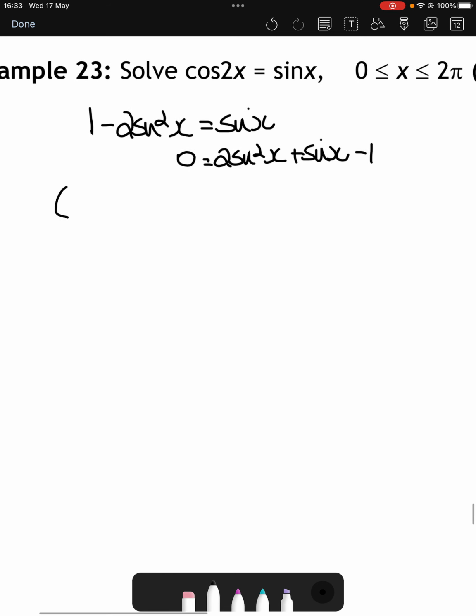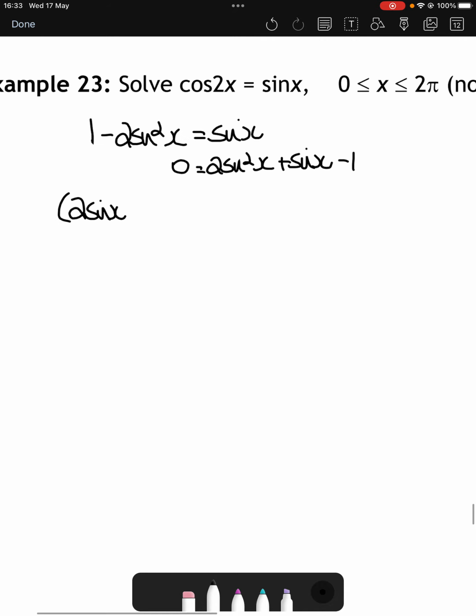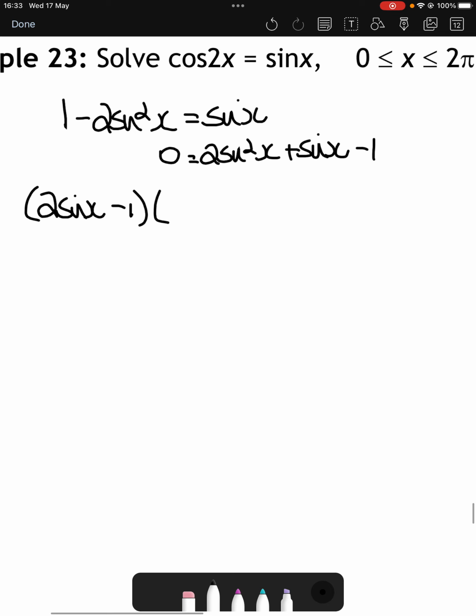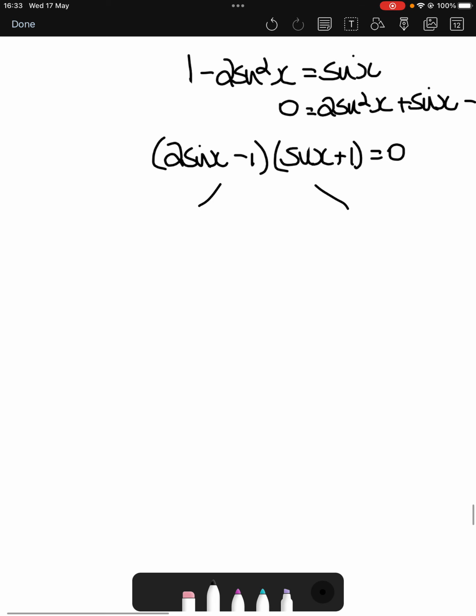So rewriting it, we're going to have 2 sine x minus 1, and then sine x plus 1 is 0. Bring them down. Rearrange. And then the same over here.